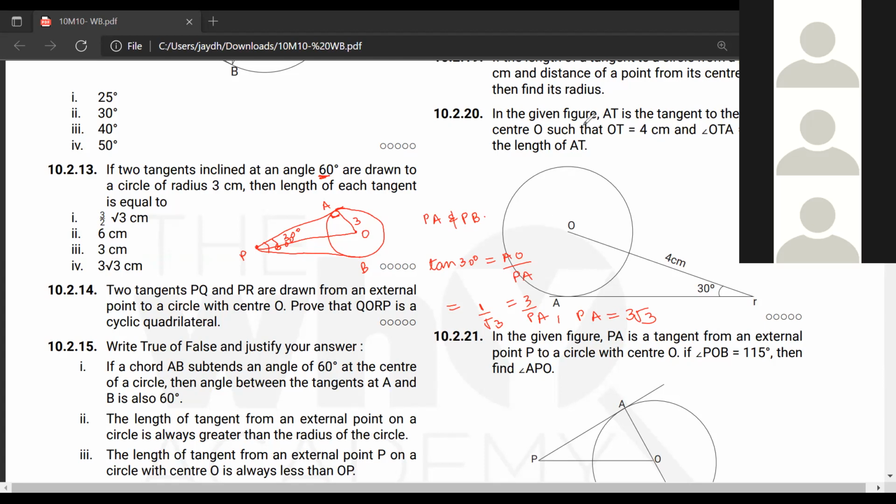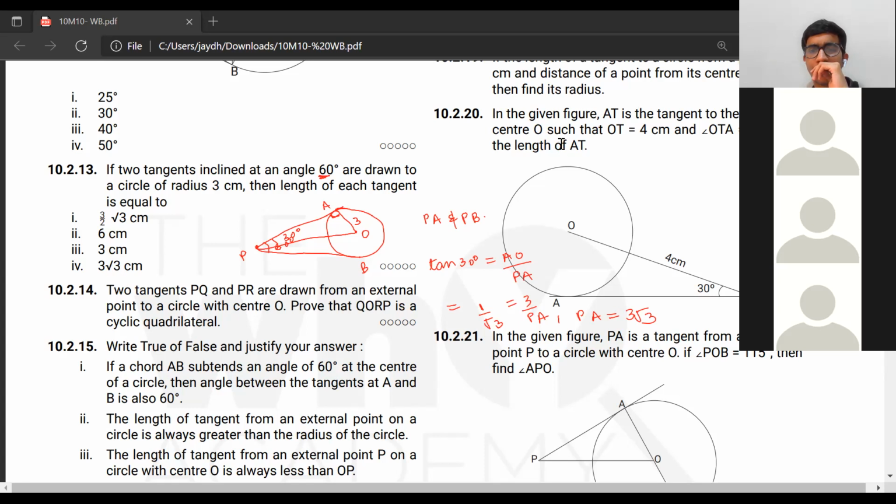Okay. What is a cyclic quadrilateral, guys? Do you know what is a cyclic quadrilateral? Yes, a quadrilateral inside a circle. Okay.